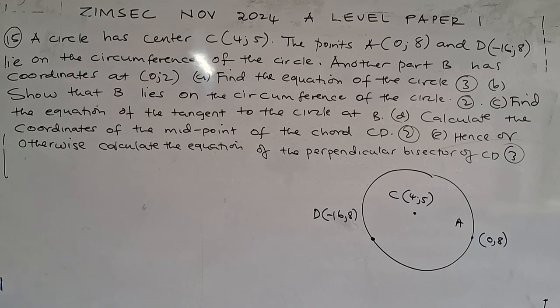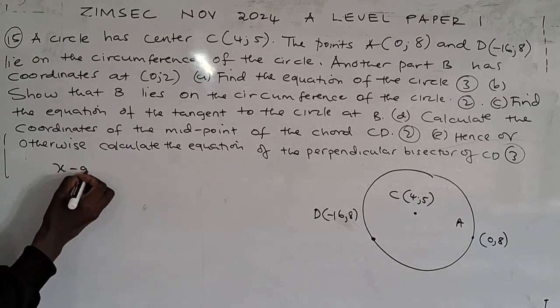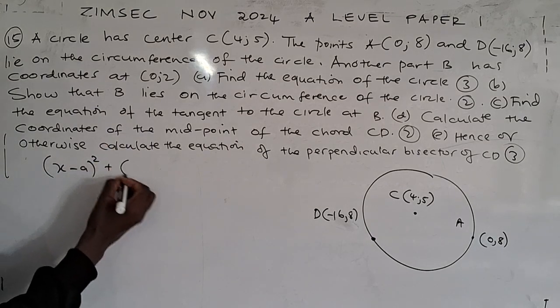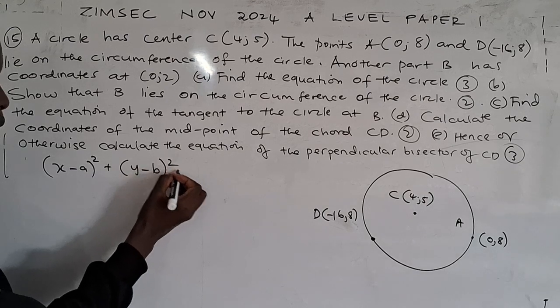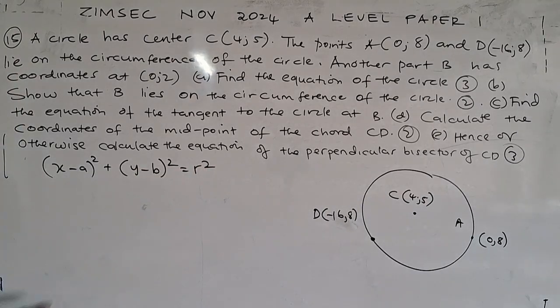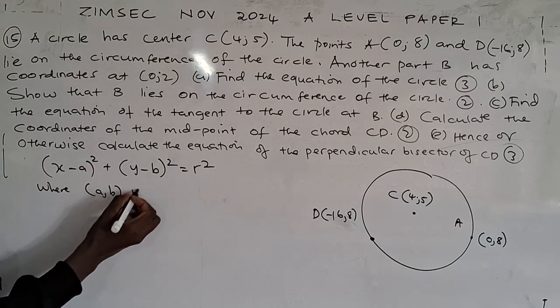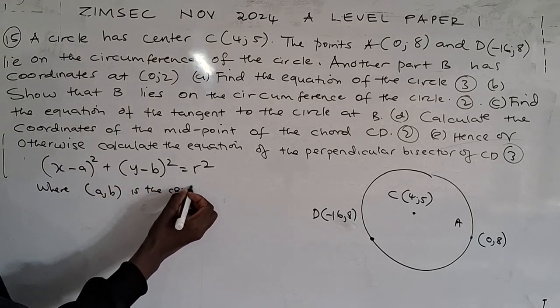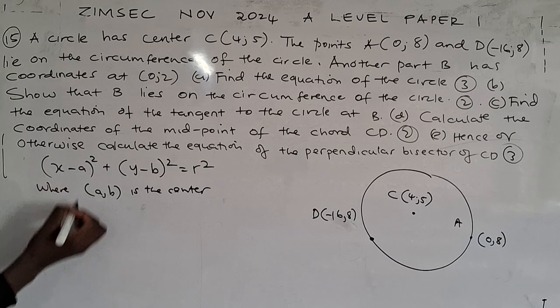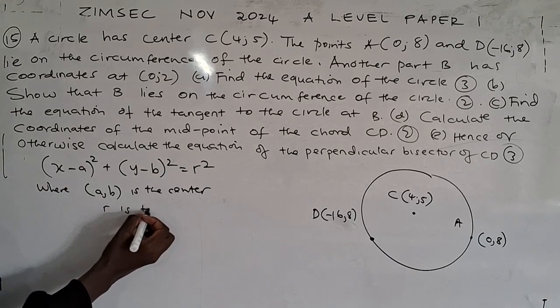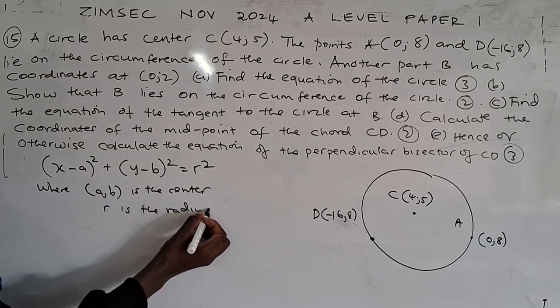The equation of the circle is given in the form (x minus a) squared plus (y minus b) squared is equal to r squared, where (a, b) is the center, and r is the radius.